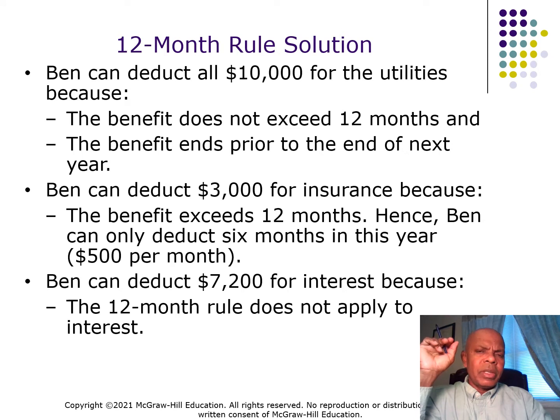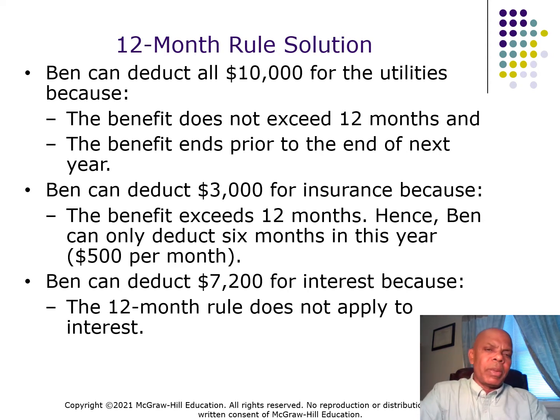They paid $12,000, but you're allowed only $500 a month for the first 12 months. So you can deduct $3,000 this year, and the rest is going to be deducted the following year. Ben can deduct $7,200 for interest because the 12-month rule does not apply to interest.